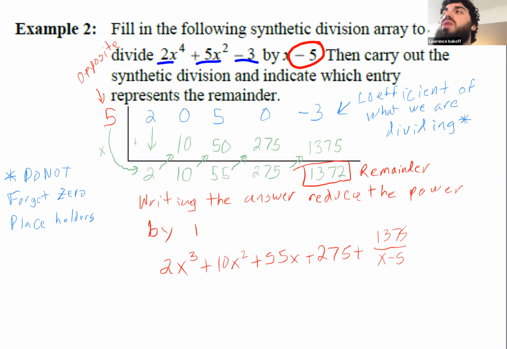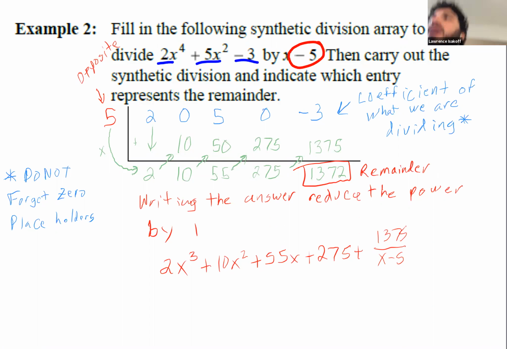Before I move on, we do have more examples with this, and we'll talk about this a little more in depth. But do we have any questions on this? So this is bring down, multiply, add them up, multiply, add them up, multiply.